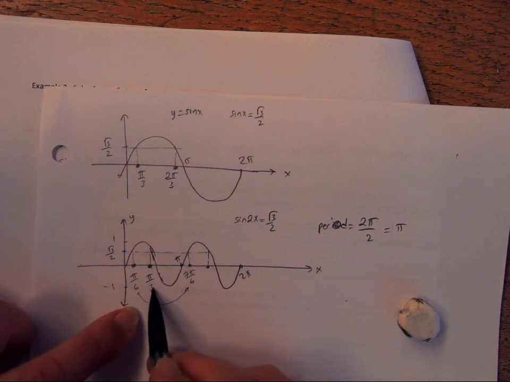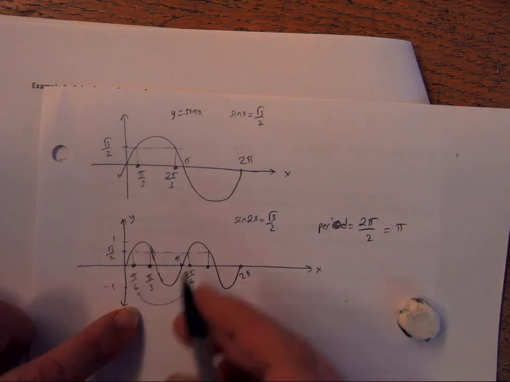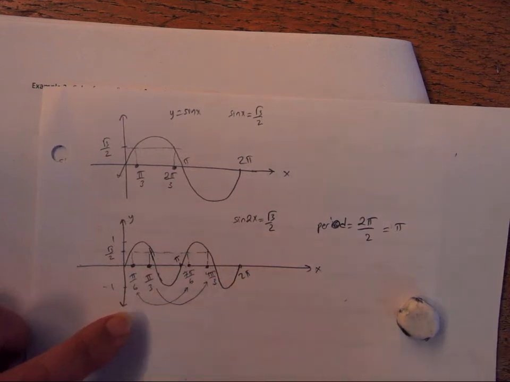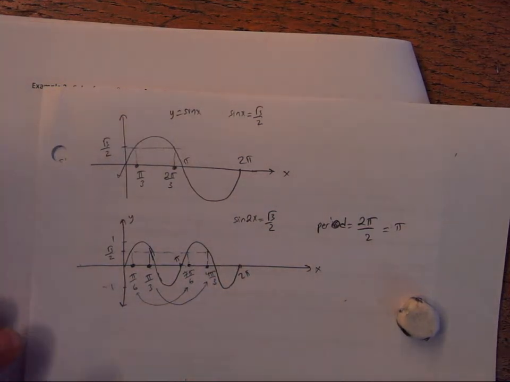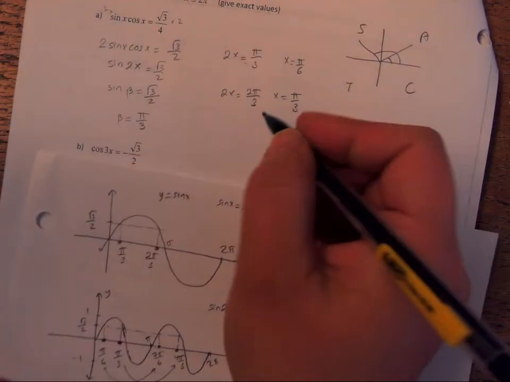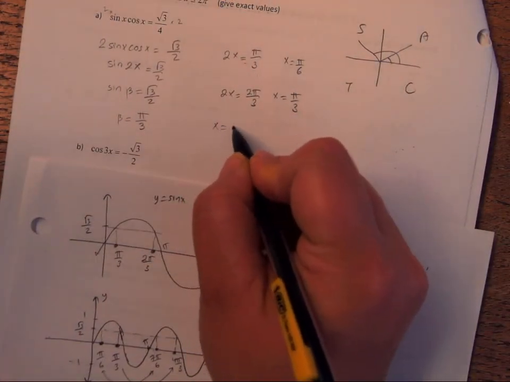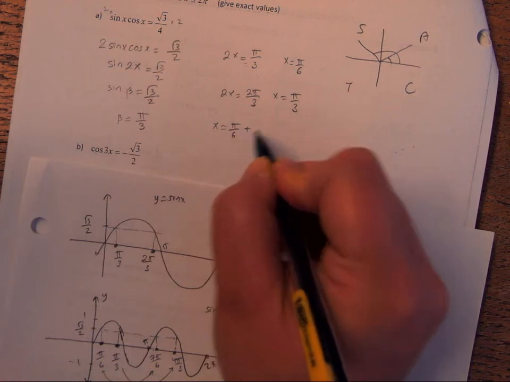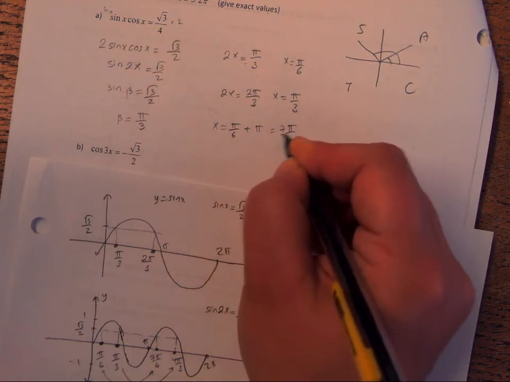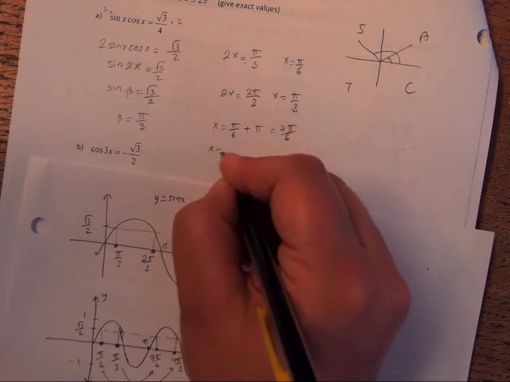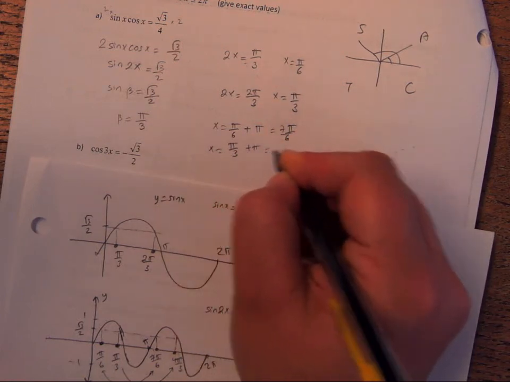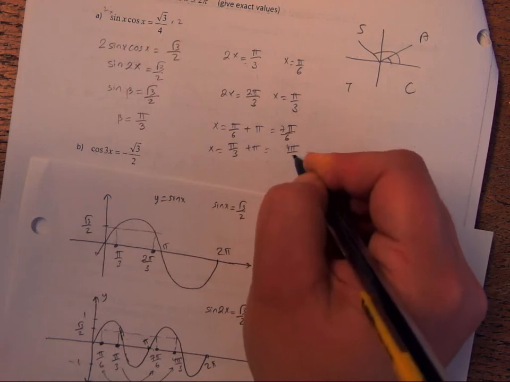Pi plus pi over 3 gives you 4 pi over 3. So those are the next two solutions. So not only pi over 6 and pi over 3, we also add one period to it, which is pi, and get 7 pi over 6. And we add pi to pi over 3 and get 4 pi over 3.